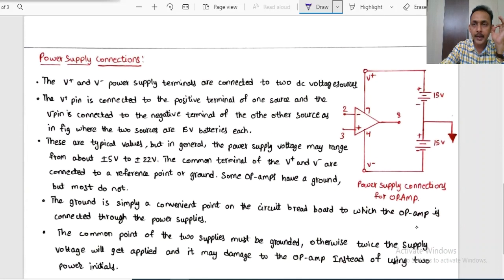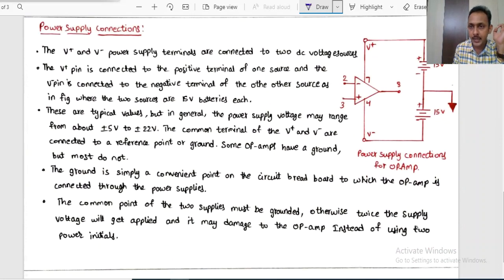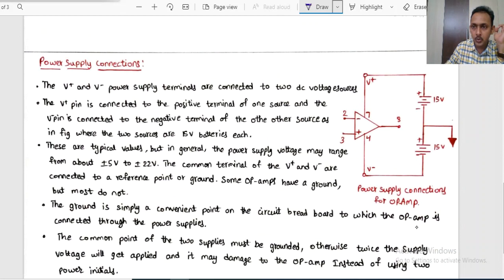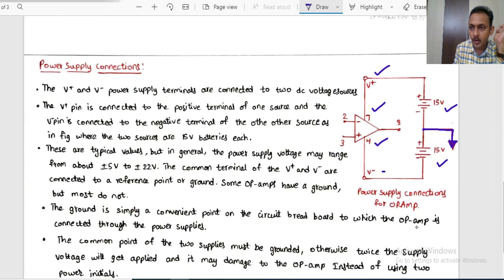Coming to the power supply connection, as we discussed earlier, for the V positive 7th pin, plus 15 volts will be connected, and for the 4th pin, minus 15 volts will be connected, and the common point of these two power supplies you can connect to the ground.